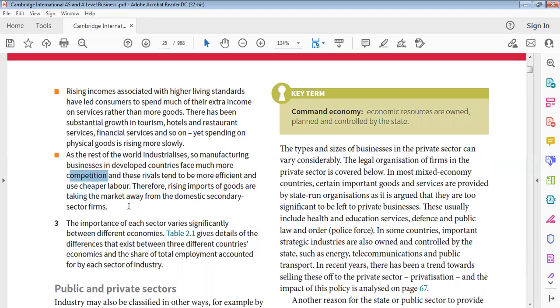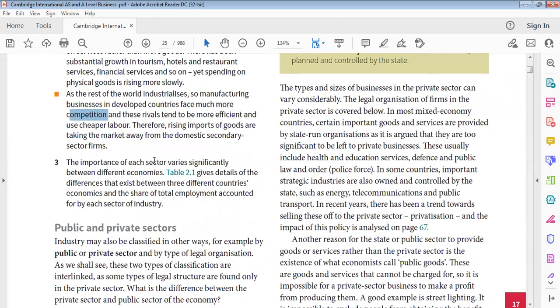You have to be efficient. There is too much competition, so many countries cannot cope with that pressure. That's why they focus more on the tertiary. So these are two main reasons why the tertiary sector has been growing.